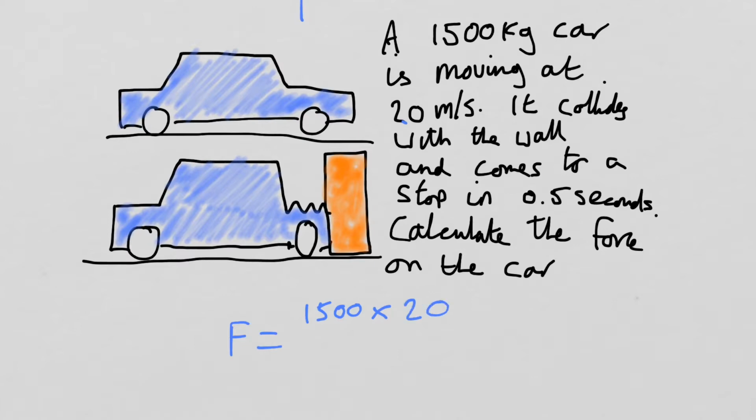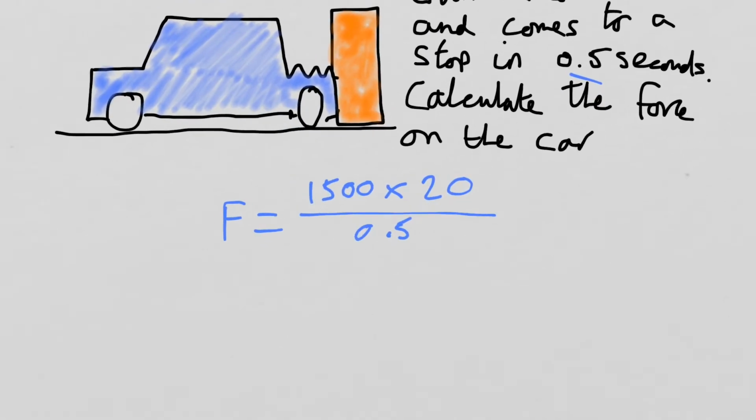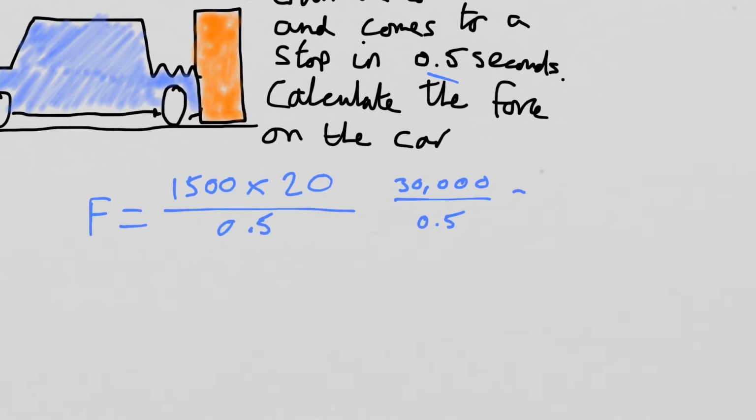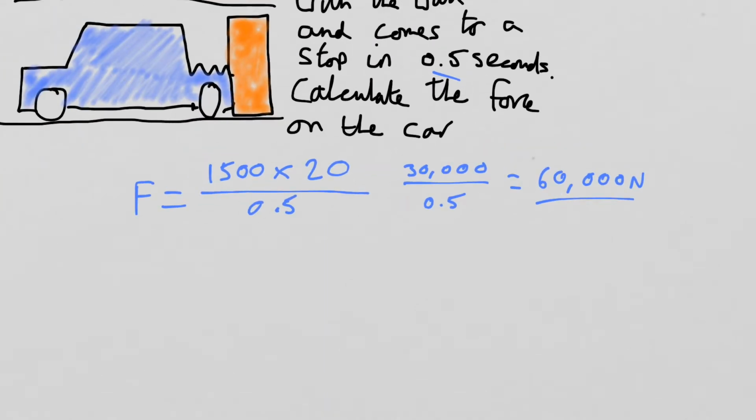And then we're going to divide that by the time taken, 0.5. Okay, so 1500 times by 20 is going to give you 30,000. Divide that by 0.5 is going to give you 60,000 newtons of force.